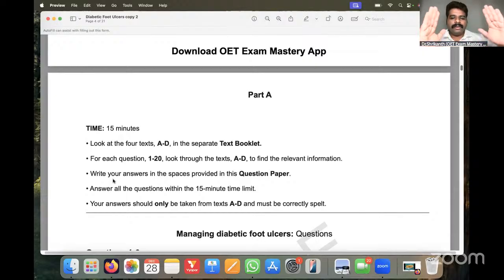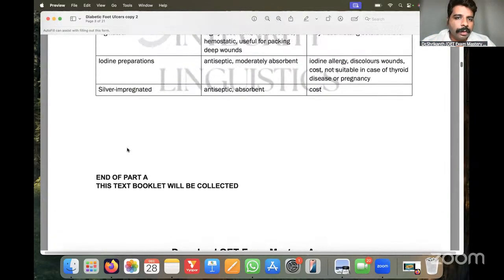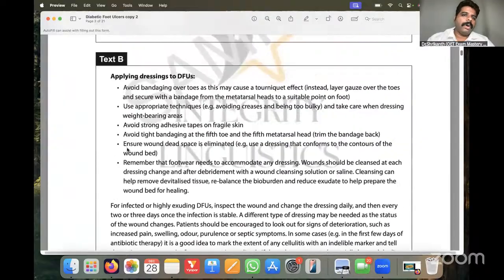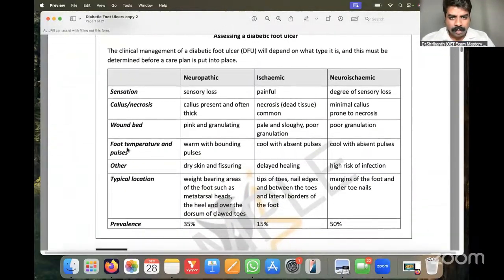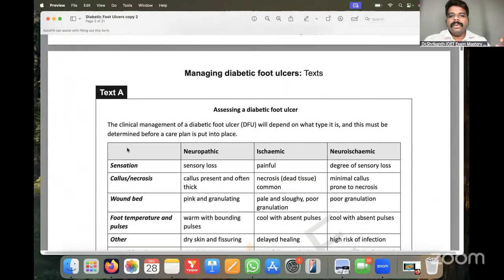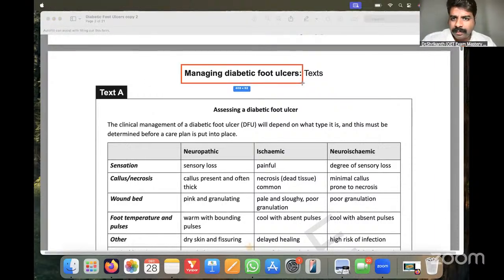Right. Now, let's say that you have received your question paper. What you have to do is come to the text. What is the main topic here? The main topic is managing diabetic foot ulcers. Right, managing diabetic foot ulcers.